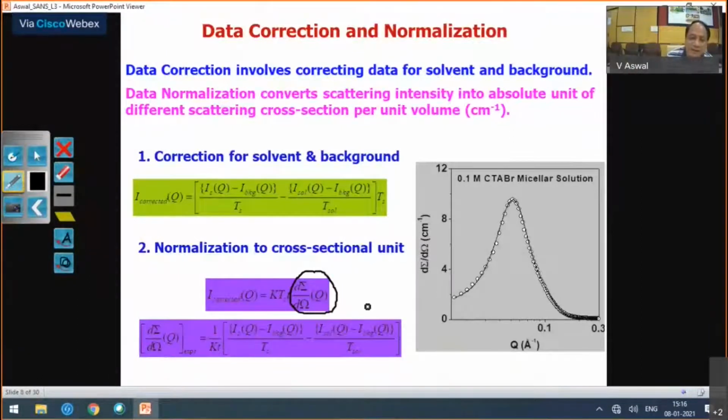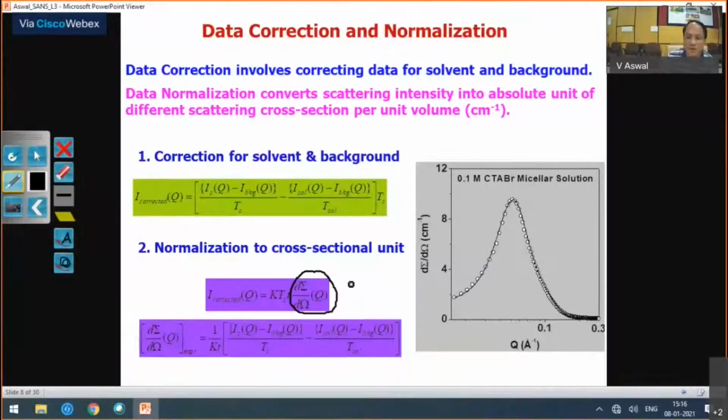It is like the density of a material. The density of a material at given temperature or conditions should be the same, and if it is not matching, then it will depend on the technique you are using. Similarly here, for a given sample, it should match wherever you measure.